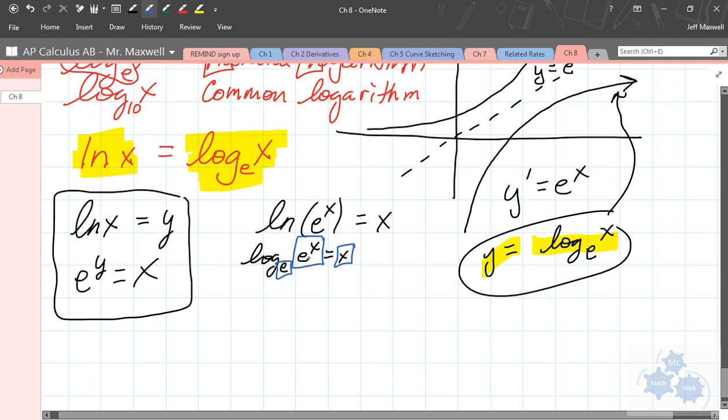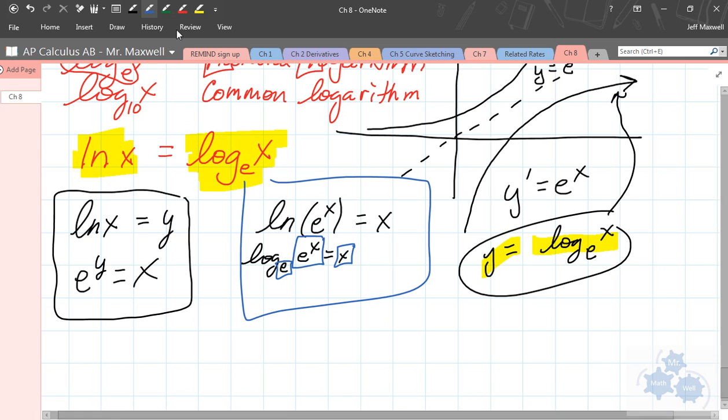Well, e to the x will give us e to the x. Also, just one more that you want to use is natural logarithm of e equals 1. That's also important to recognize, because this is like saying the log of e to the 1 base e equals what? Well, e to what power gives you e to the 1? E to the 1.